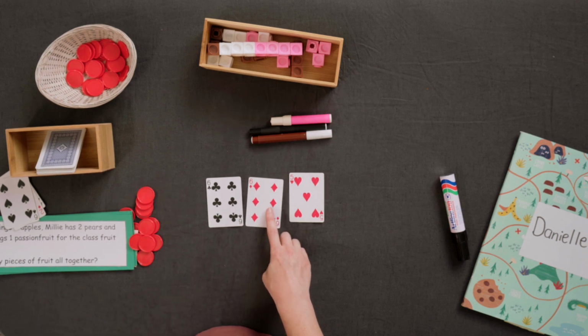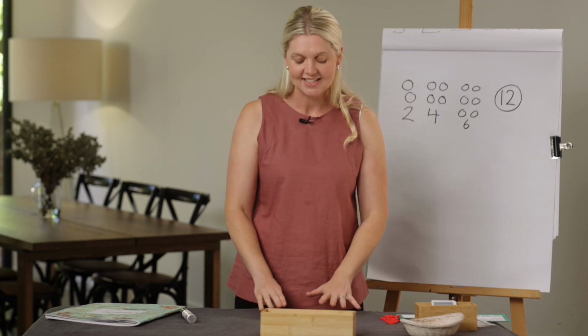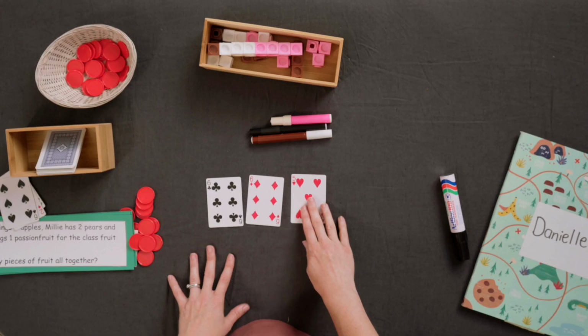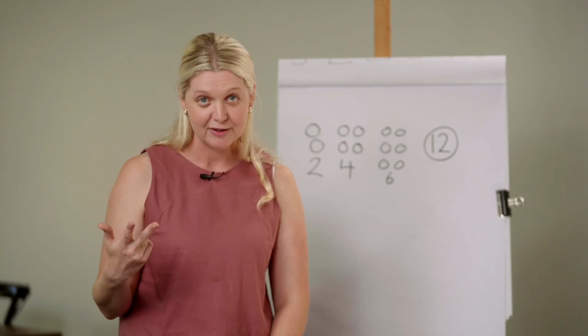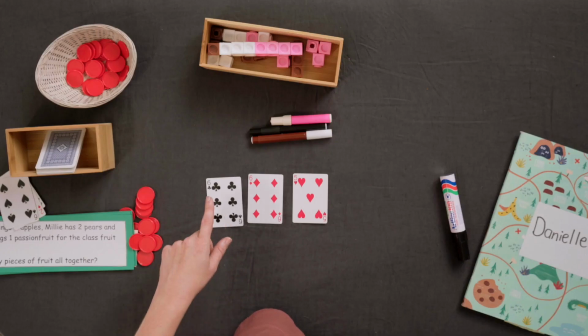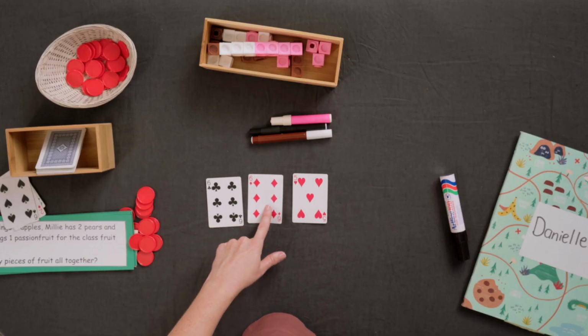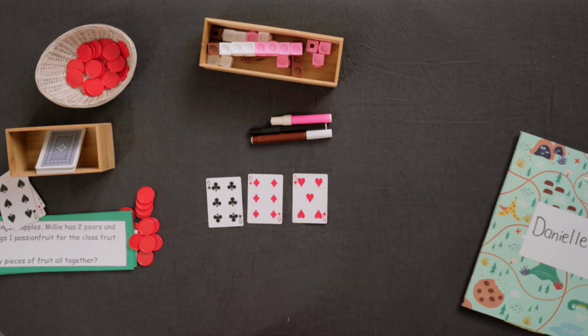I can use my knowledge of doubles. So we've got 12. Let's count on 5 more. 12, 13, 14, 15, 16, 17. So 6, 6 and 5 make 17.